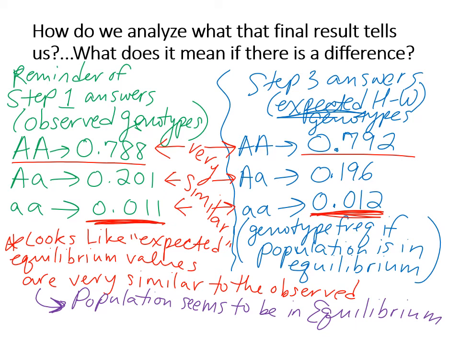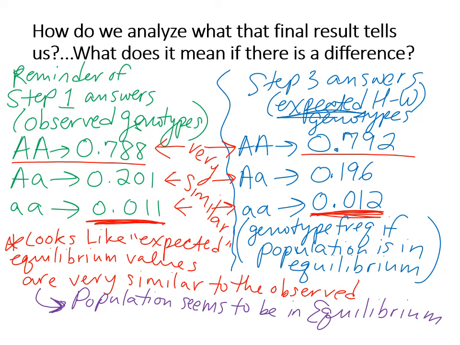When you round off 0.011 and 0.012, they're both 0.01, 1%. So when all three of the genotype observed and expected values are close to each other, that tells you the population is in equilibrium.